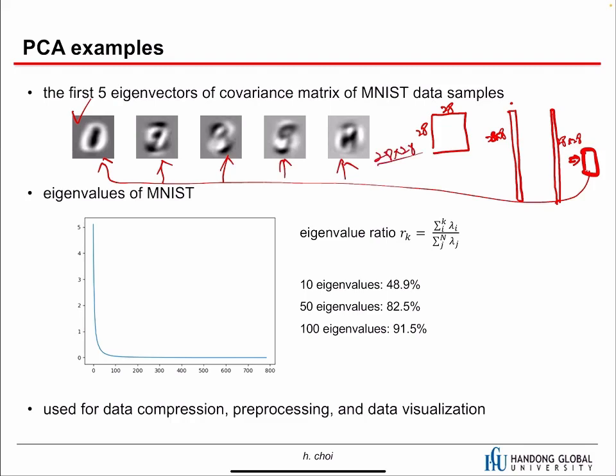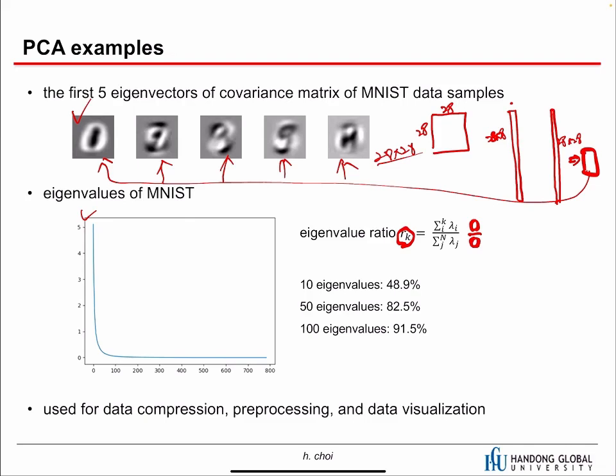Actually we have 28 by 28 eigenvectors. When we plot the eigenvalues, we get this curve, and based on this we can calculate the eigenvalue ratio R sub k. We sum the first k eigenvalues and divide by the sum of all the eigenvalues.